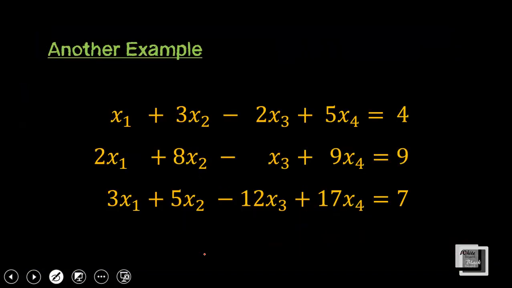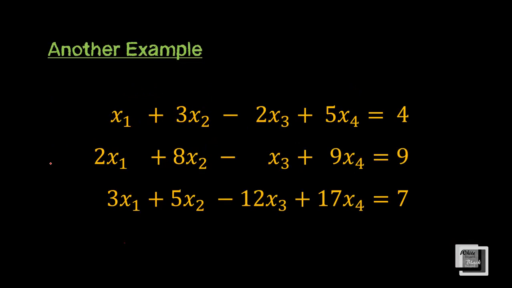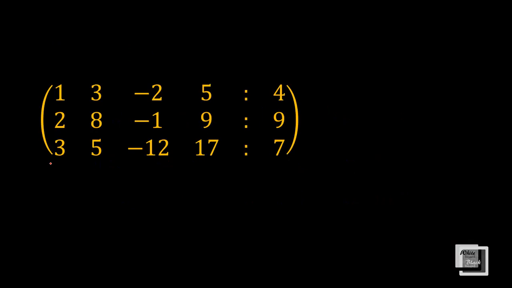Now let us start with a new example. In this example we have 4 unknowns x1, x2, x3 and x4. To solve this system, we will write it in the form of an augmented matrix. The augmented matrix corresponding to this system of linear equations will be this.